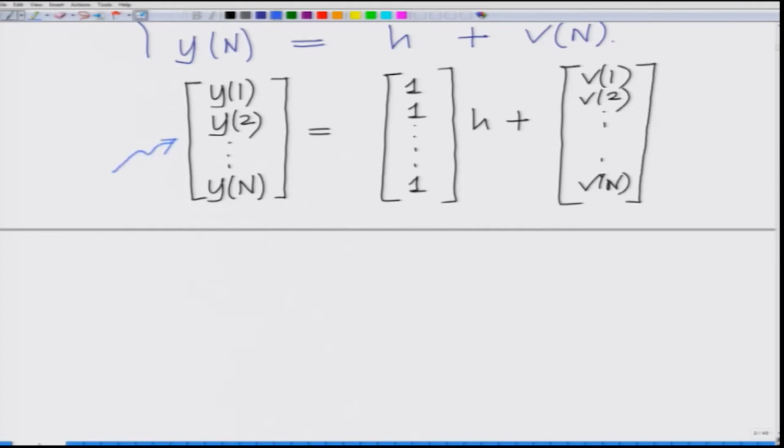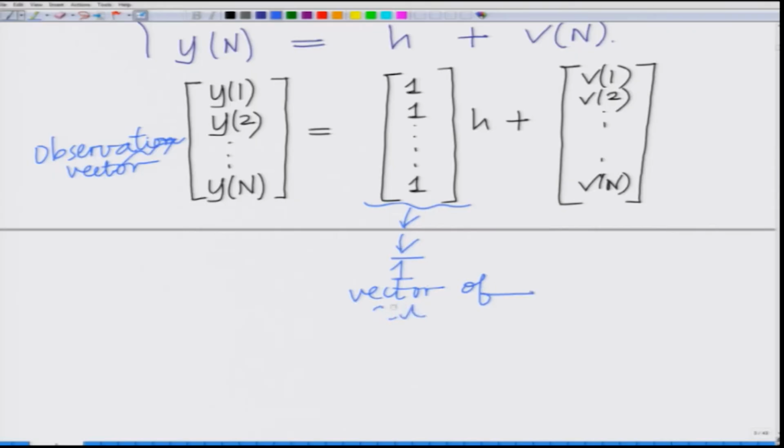So, this is now your observation vector, this is your vector of all ones, which we are going to denote by 1 bar, and this is basically your noise vector.